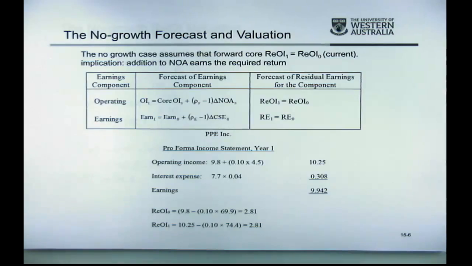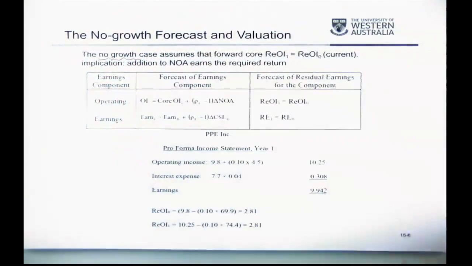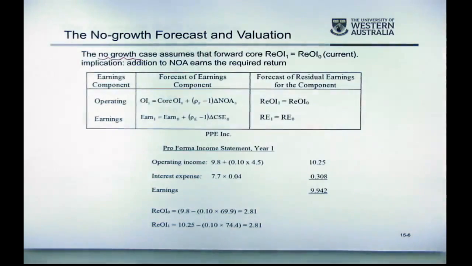Under simple forecasting and valuation, we can make many assumptions. For example, if you believe that there will be no growth in the residual operating income, in this case the residual operating income in any year in the future is equal to the residual operating income in the former year.